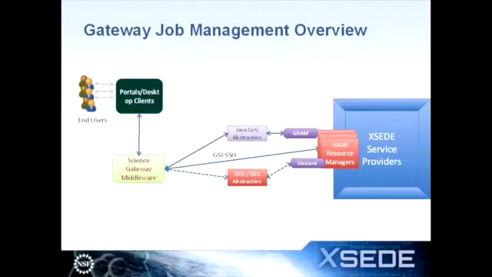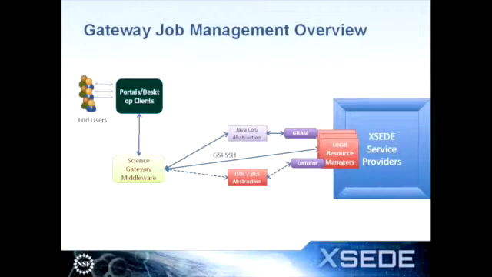So if we take a science gateway, it is kind of an abstraction between the application you're running on XSEDE resources, rather than just directly talking to the XSEDE resource.